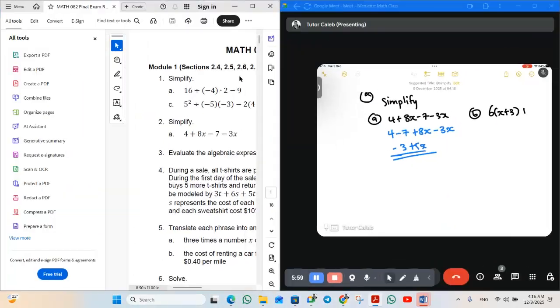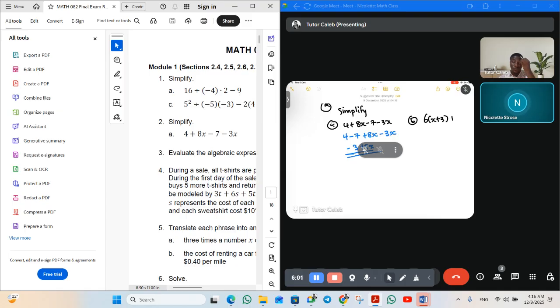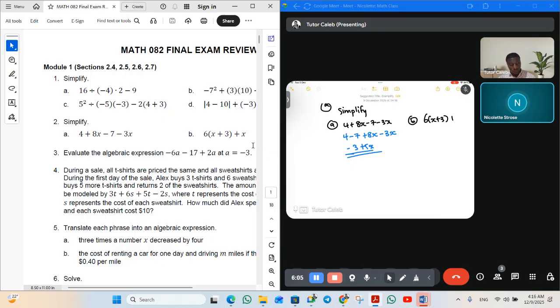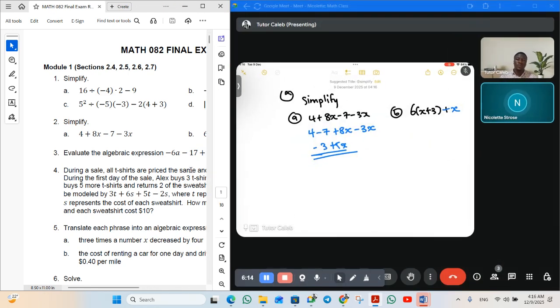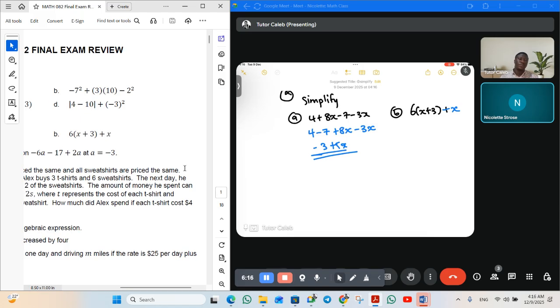And so the next one is B, and it says 6x plus 3, but the x and the plus 3 is inside of a parentheses. So we multiply 6 by everything in the parentheses. Correct. So we have 6x plus, and then 6 times 3, which would be 18.